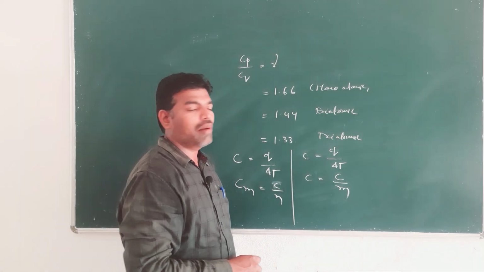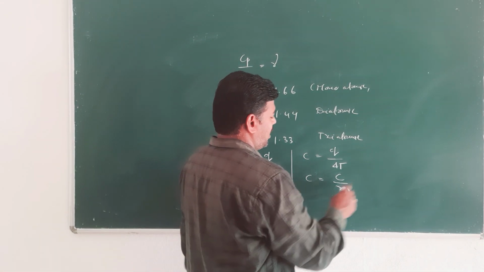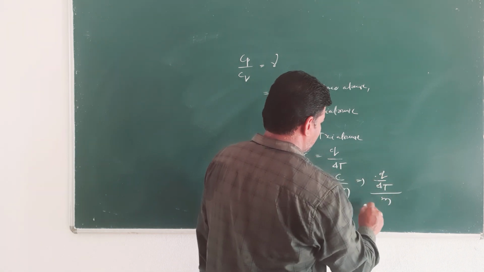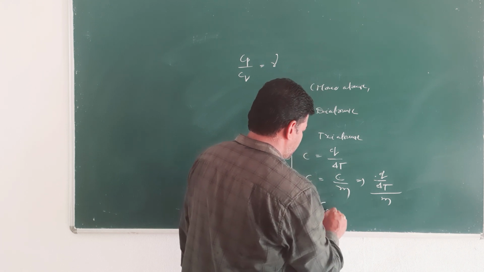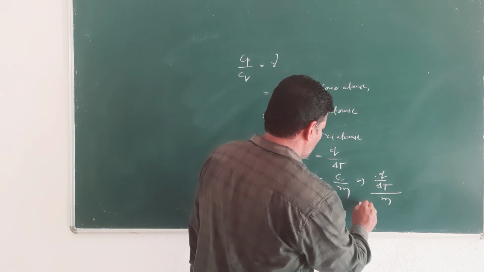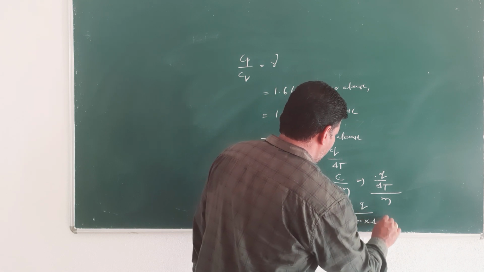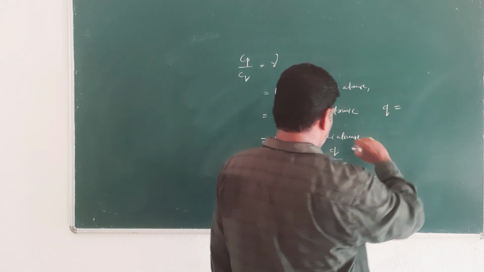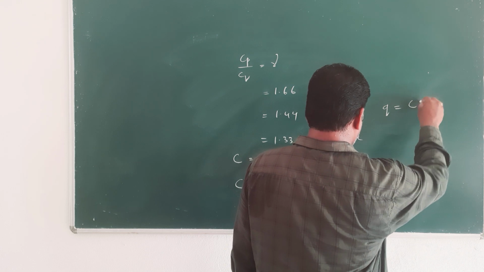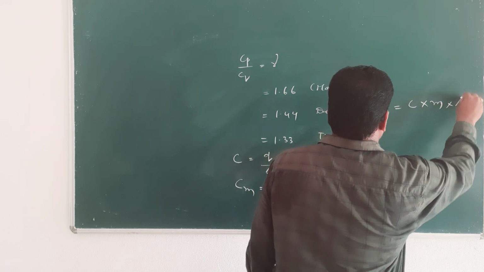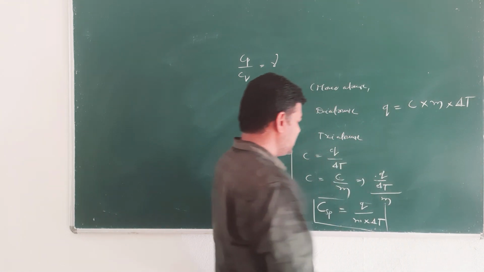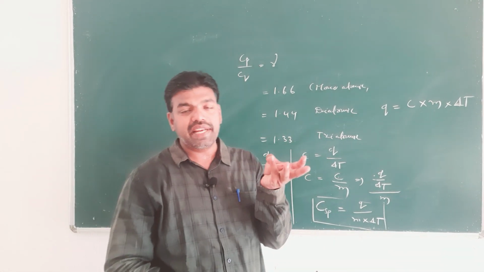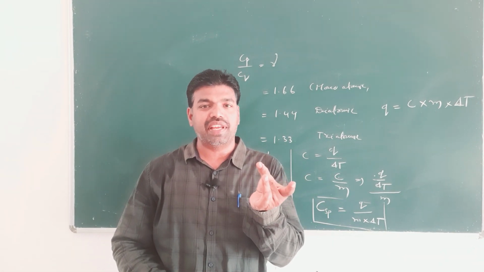We can write this as heat capacity is Q by delta T by M. That is, specific heat capacity Csp is equal to Q by M into delta T. From this we can write Q is equal to Csp into M into delta T, right? So that is about heat capacity, molar heat capacity and specific heat capacity.